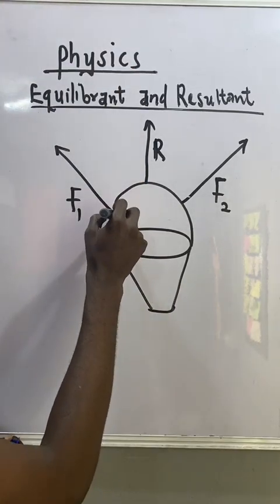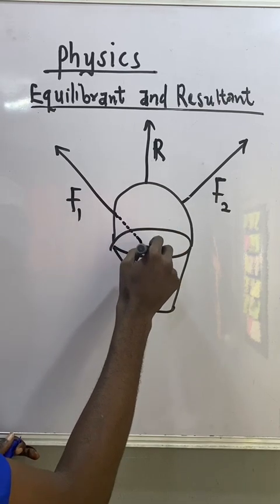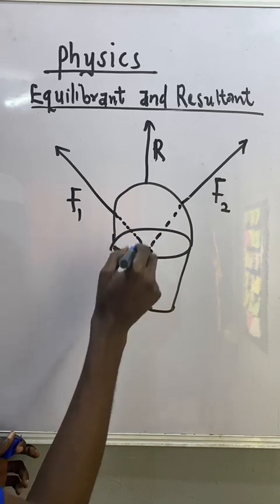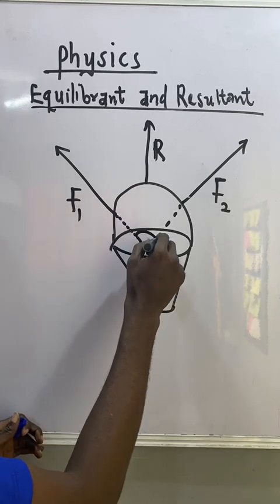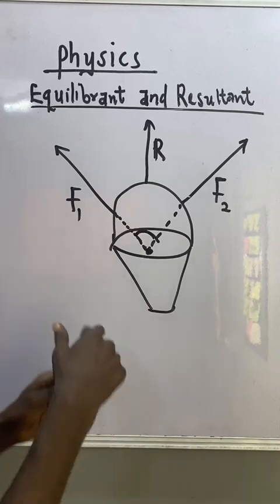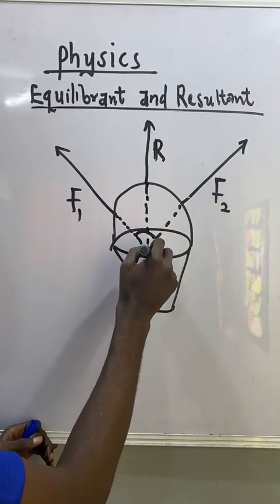So if I complete this diagram, I can imaginarily draw a line to meet at this point. This is the point of effect of the two forces, and there is an angle between them. So the resultant is coming from this point of action.